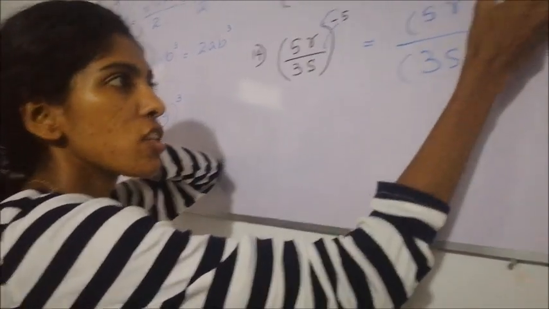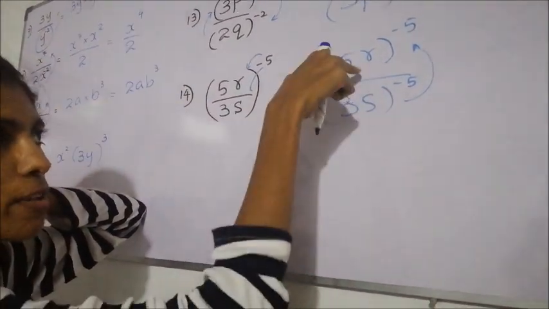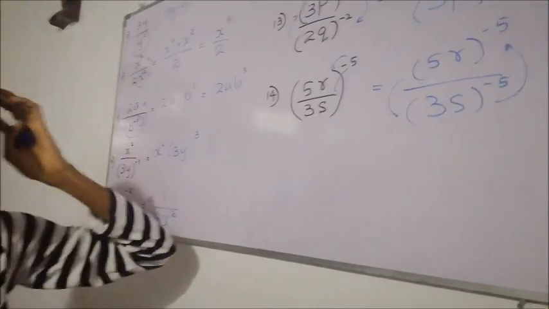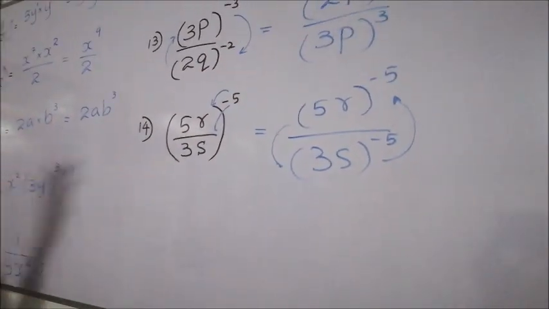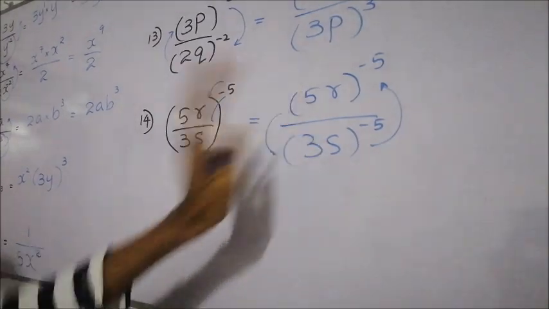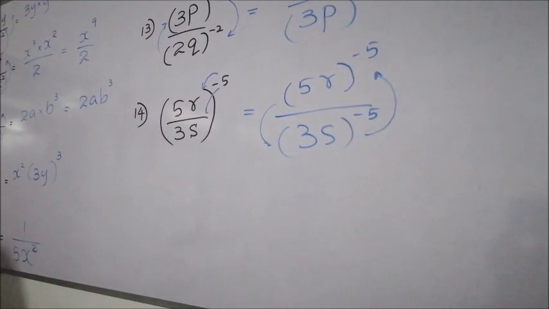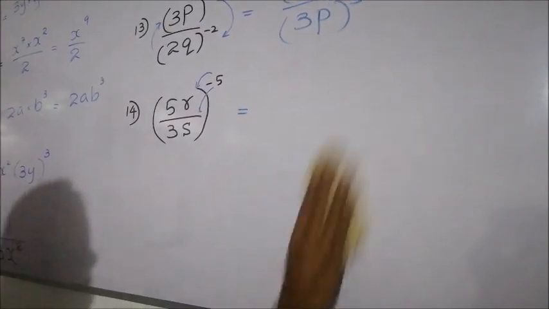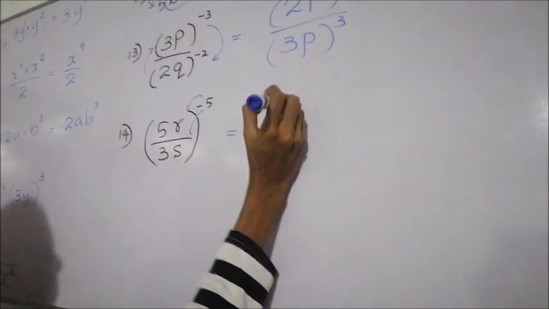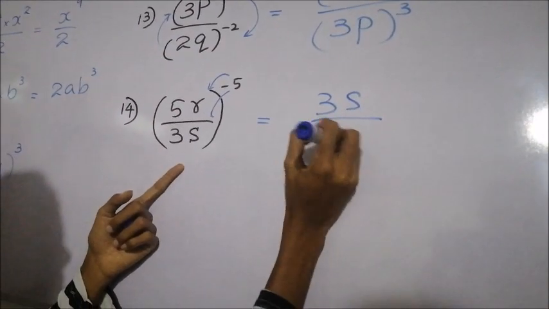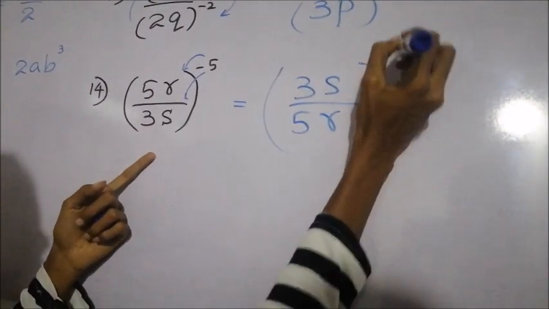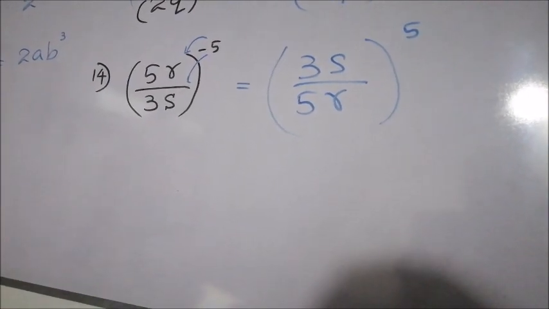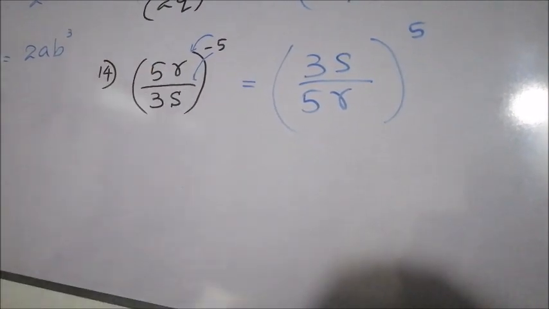So when we change their places, what will happen? 3s may go up, 5r may come down, with the same bases, but the indices will remain the same, only with one change. What? It becomes positive. Without thinking too much, we can write the answer directly like this. 3s comes up, 5r goes down. What will be the power? Just 5. I made it positive. I just changed these two. Right?